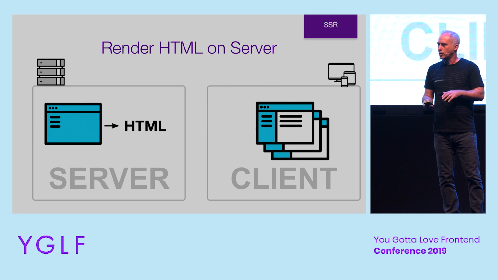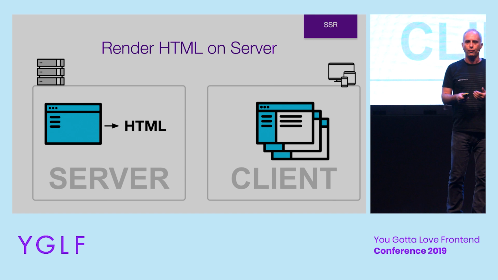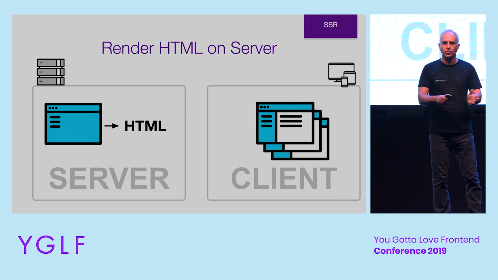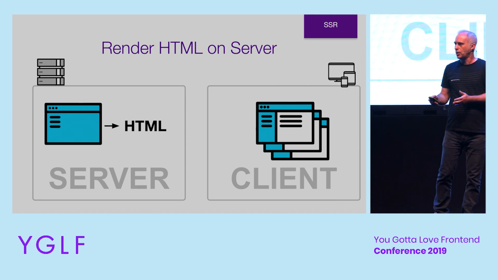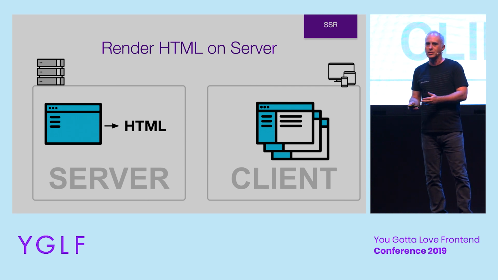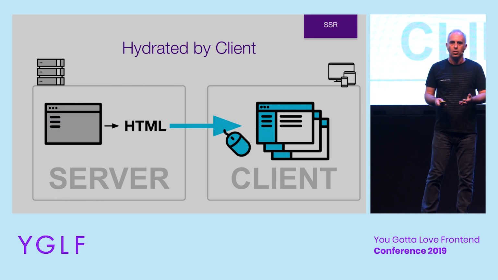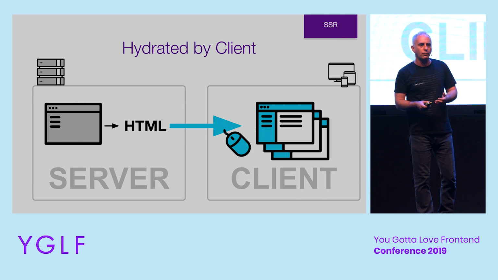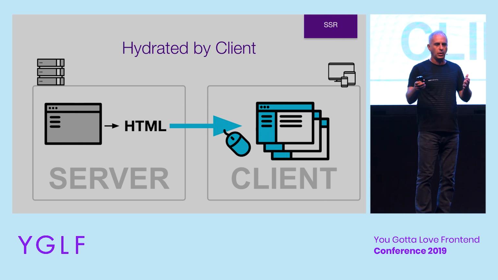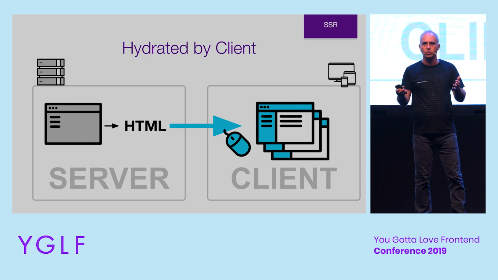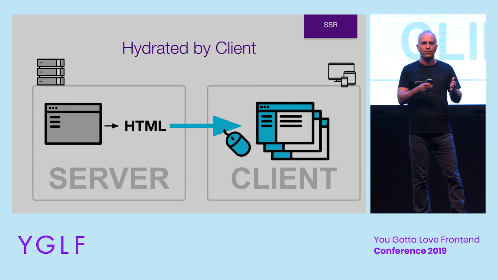The way it works is that the server code generates the HTML for that first page and delivers it to the client. Then when the client runs the same JavaScript code, what happens is a concept called hydration, where thanks to technologies like virtual DOM, instead of rebuilding the HTML from scratch, the client effectively just hooks up event handlers to this already pre-existing HTML.